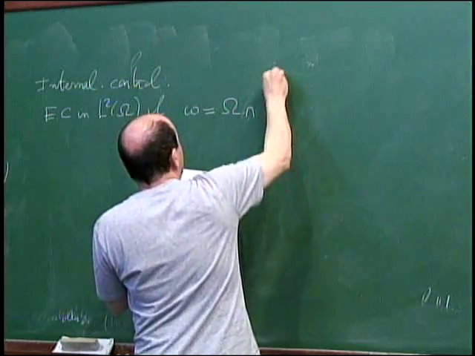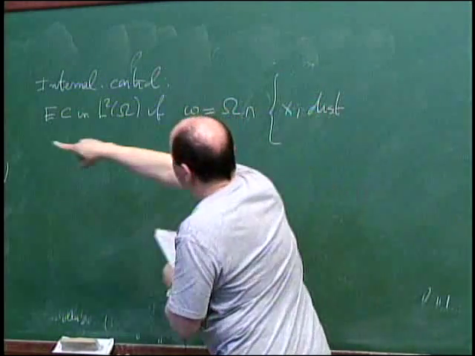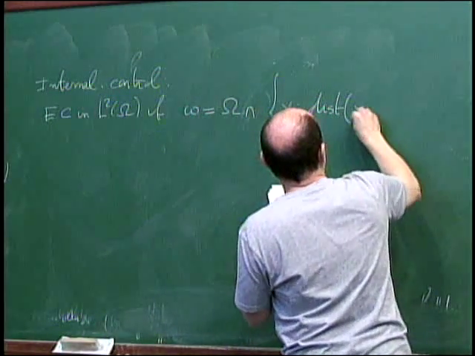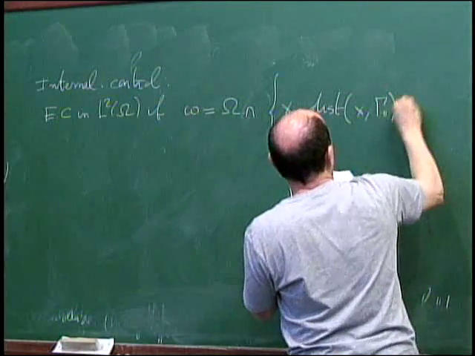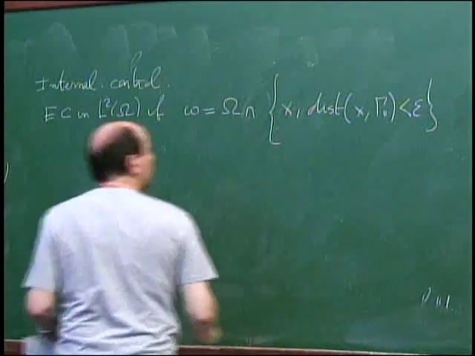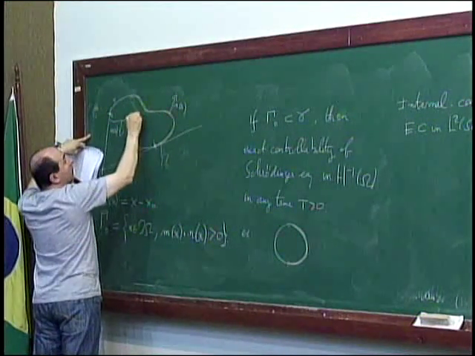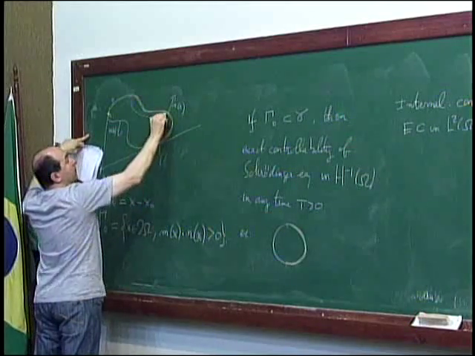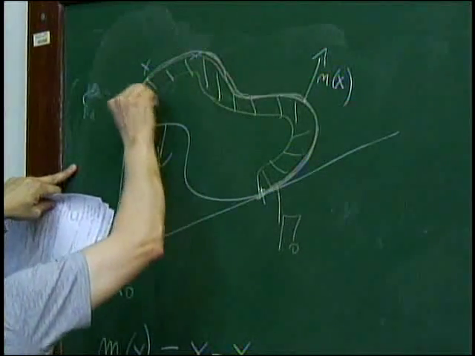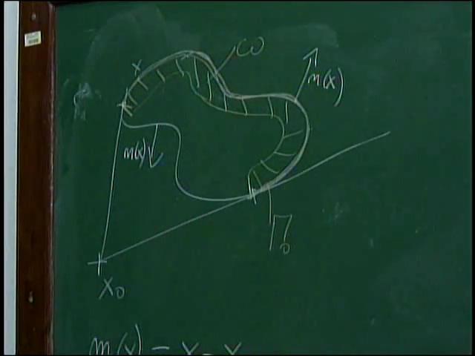You take actually a neighborhood of the region in red. So I can draw what is small omega. It should be something like that. Okay, so you have exactly the same result in L2 in small time. Okay.